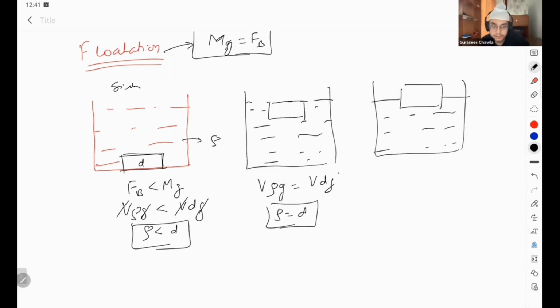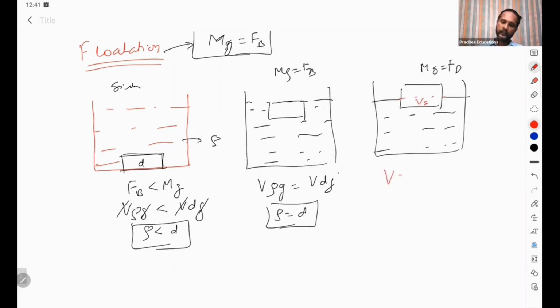Right. So in this situation, mg is equal to buoyant force. Here also mg is equal to fb. But the difference this time is that कि इस बार volume submerged जो होगा वो कम रहेगा. So I can say V dg is volume submerged into dg rho.